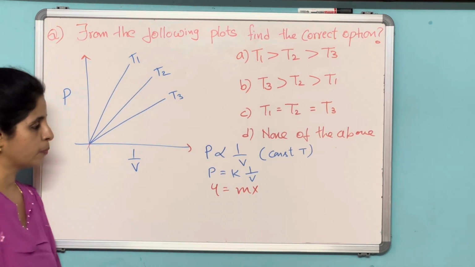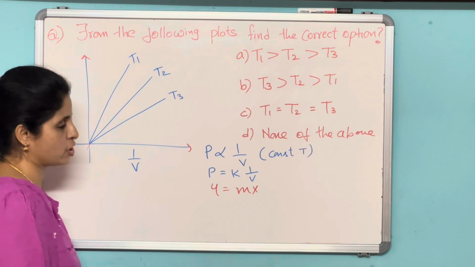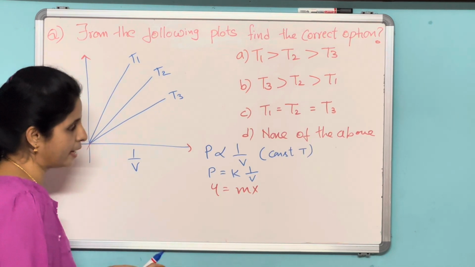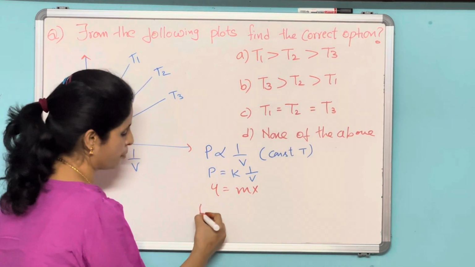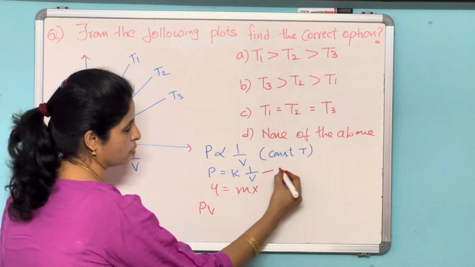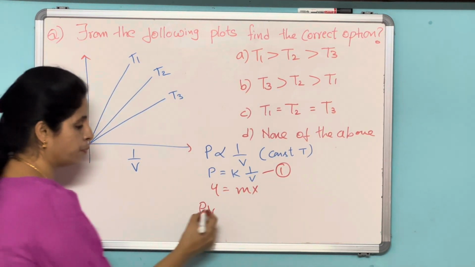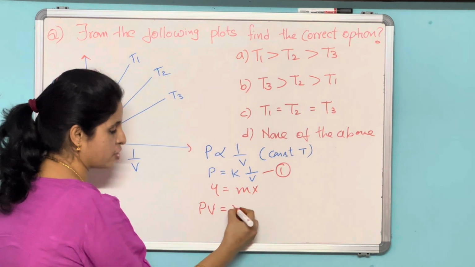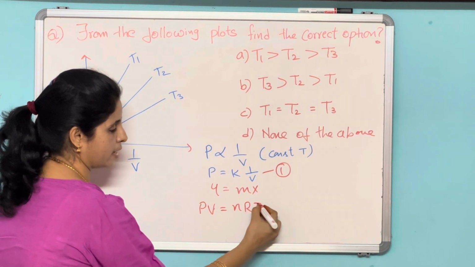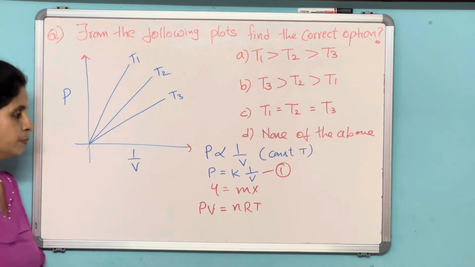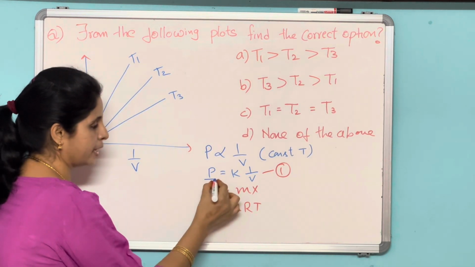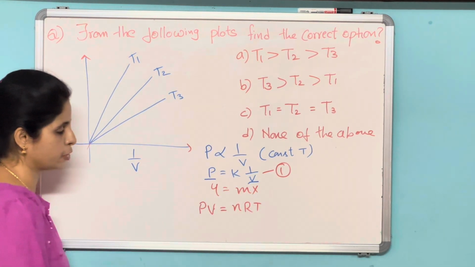Now, what is the ideal gas equation? Assume this is equation 1. The ideal gas equation is PV is equal to nRT. Now, P is inversely proportional to volume.